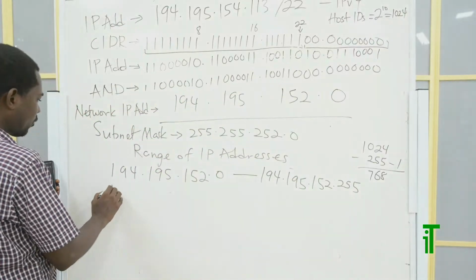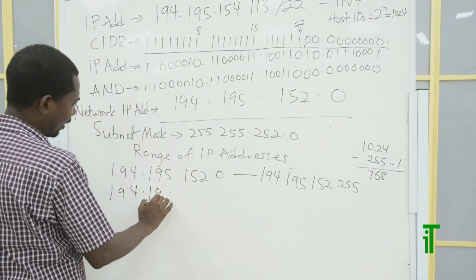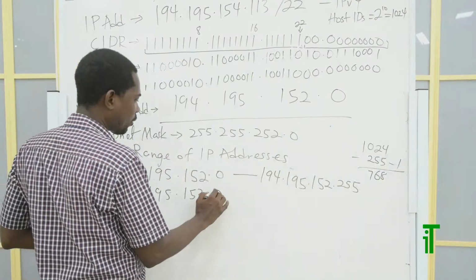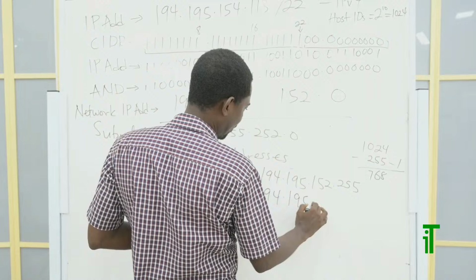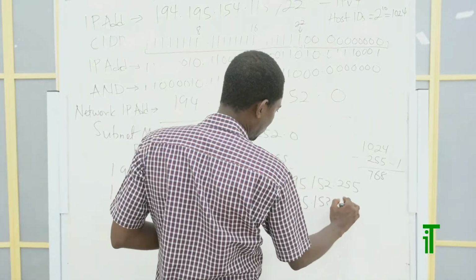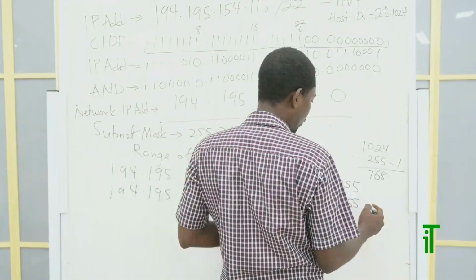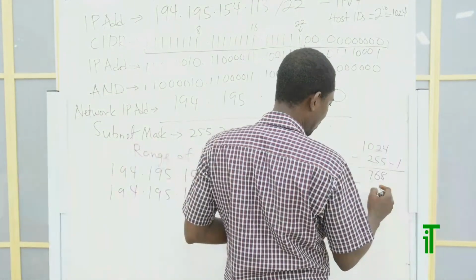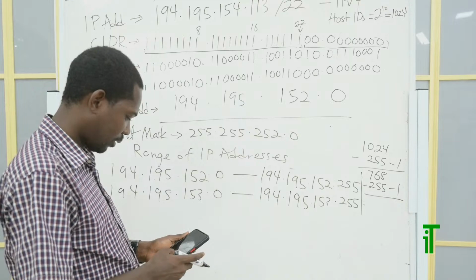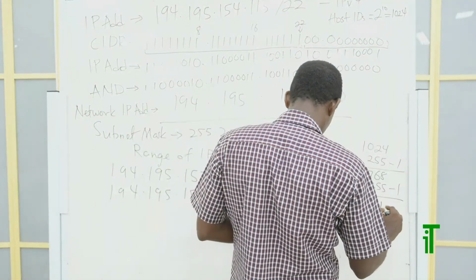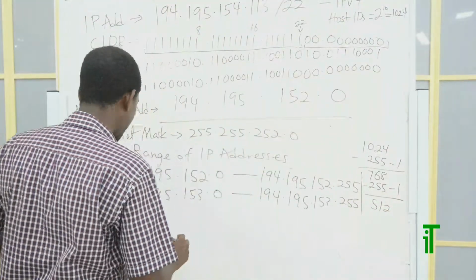Here we'll start with 194.195.153.0. So we have added 255, so we're going to minus 255 minus 1, that gives us 512.